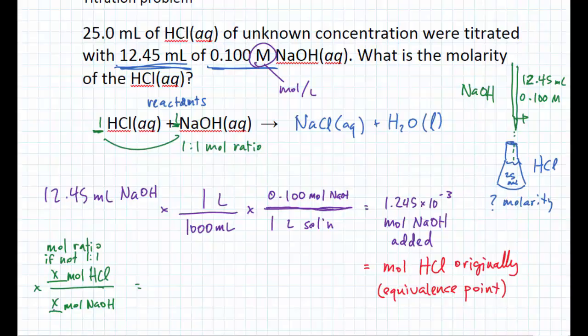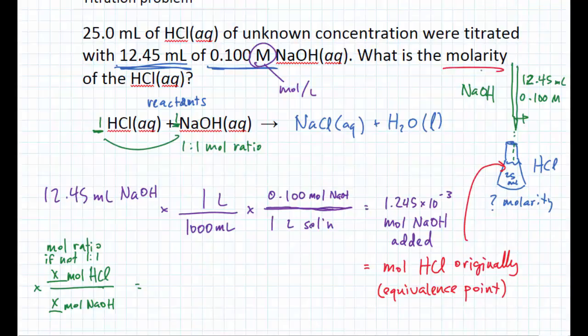You could have definitely added that to the end using their coefficients. But if it's a 1-to-1 mole ratio, they're just equivalent to each other. So the moles of sodium hydroxide we've added are equal to the number of moles of HCl that were originally within that solution there.